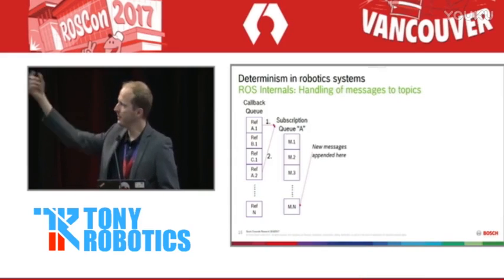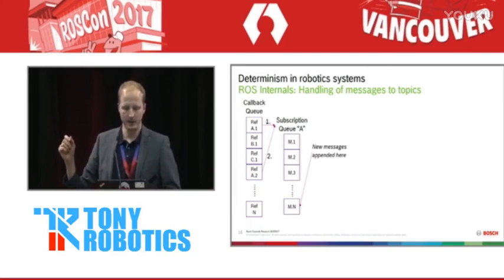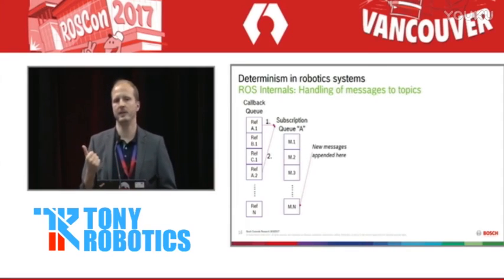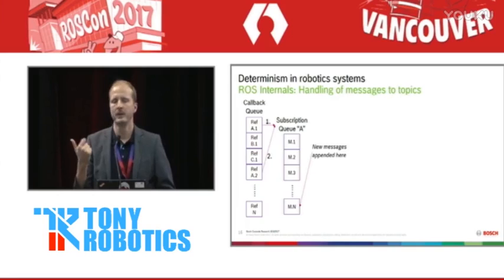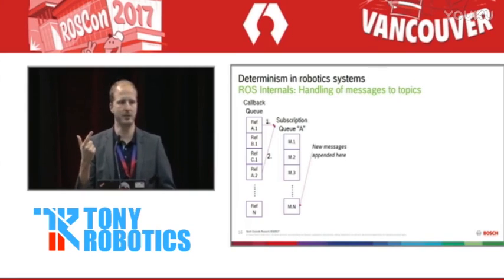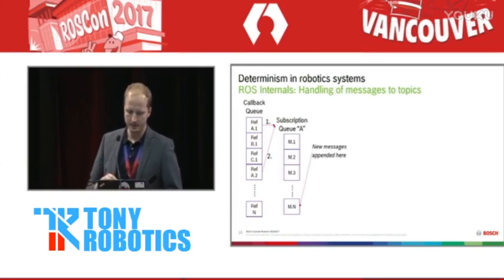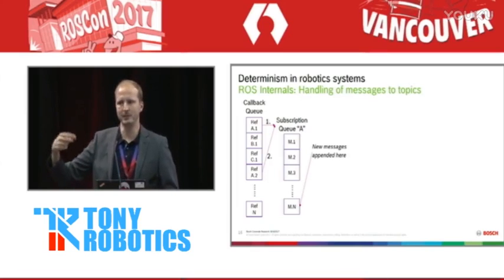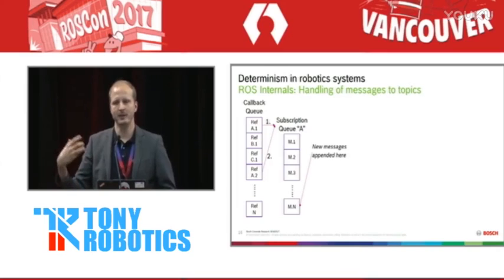And so it has a reference to a certain message and a subscription queue. And the subscription queue is allocated per topic and per callback to that topic. So if you have like 2 callbacks to the scan topic, then you will have 2 subscription queues. This is also quite interesting in that if you have multiple messages waiting to be processed in your callback queue, they will refer to the same subscription queue object.